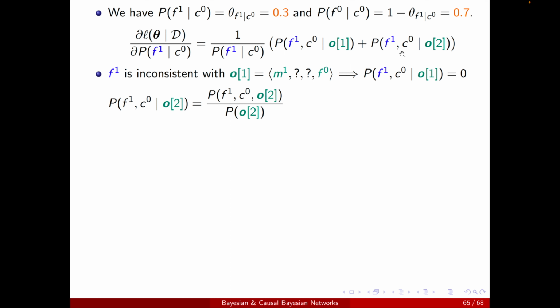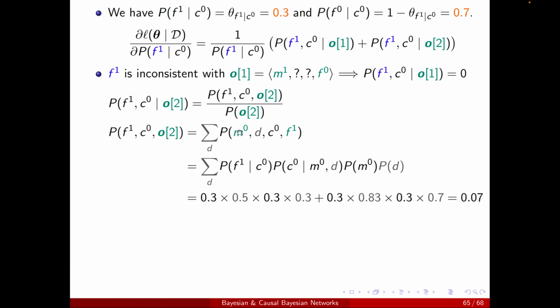Well, let's just use the definition of conditional probability. So I will have the numerator, the f1, c0, and O2 divided by the denominator. For the numerator, I will include the unobserved variable d here and marginalize it out so that I can decompose this term according to the Bayesian network decomposition.